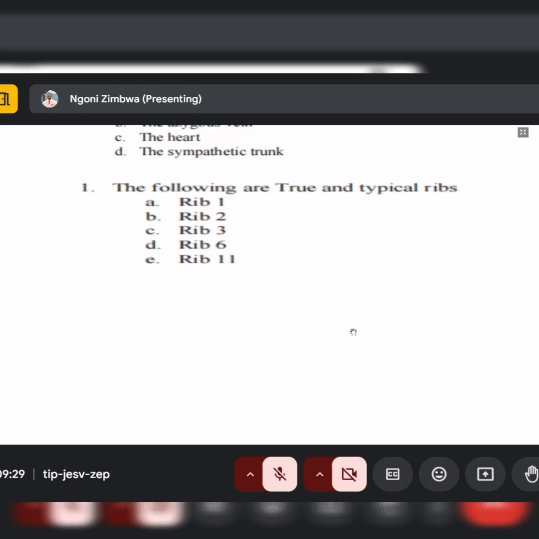True. Because it's both a true and a typical rib. Rib number 11. That is false. You understand? So rib number 1, rib number 2, rib number 10, 11, 12 are atypical. You understand? Good.